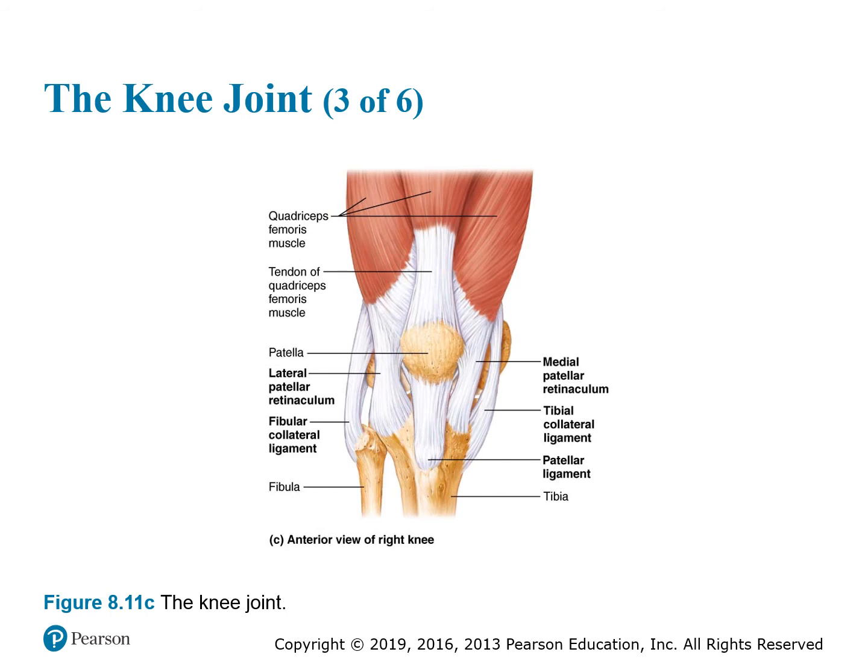They all come together through the tendon of the quadriceps femoris muscle and attach, and the patella is within that tendon, and the insertion is at the tibial tuberosity. Here we have our lateral patellar retinaculum and the fibular collateral ligament. On the medial side, we have the medial patellar retinaculum and the tibial collateral ligament, and of course the patellar ligament.